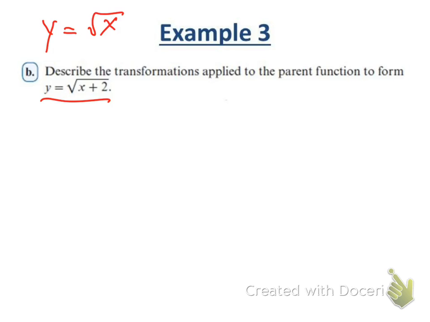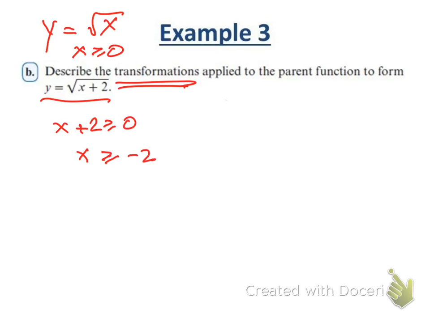All right? So the difference here is going to be this domain is x is greater than or equal to 0. What's the domain here? X plus 2 is greater than or equal to 0, which means x is greater than or equal to -2. This transformation that has taken place is that it's shifted left 2 units.